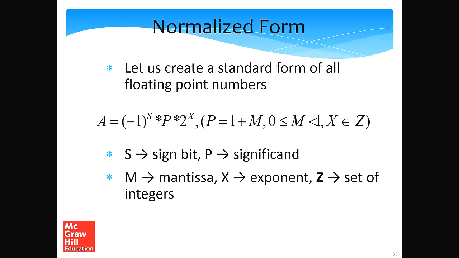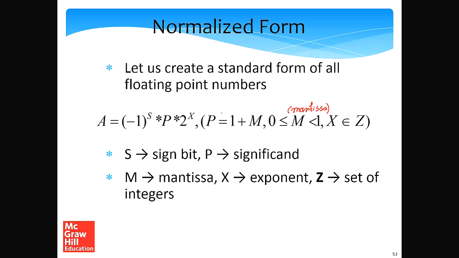The significand is a number of the form 1 plus m, where m is strictly less than 1 and is non-negative. m is called the mantissa. Multiplied by 2 to the power x, where x is the exponent and x is an integer.